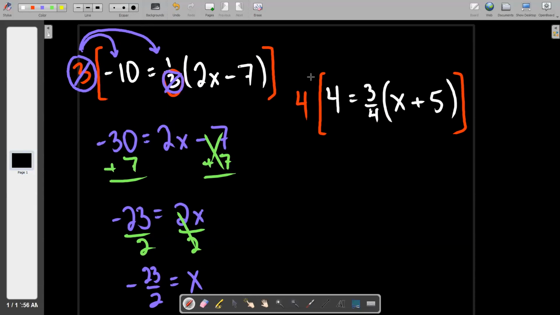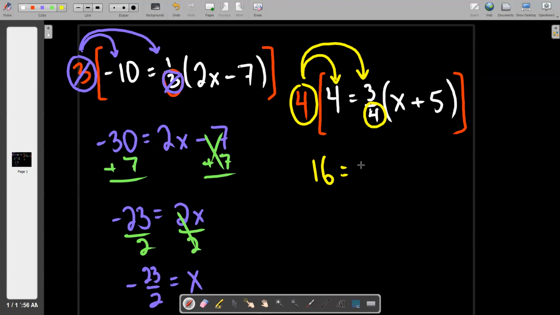First, the 4 will multiply here and give me 16. And then the 4 will multiply here. The entire purpose of that second multiplication is for this 4 that I'm circling and this 4 that I'm circling to cancel each other out. We do this time have to drop down the 3. It's not meaningless like a 1 would have been. And then we do have to now keep the x plus 5 in parentheses because that 3 is going to be a multiplier.